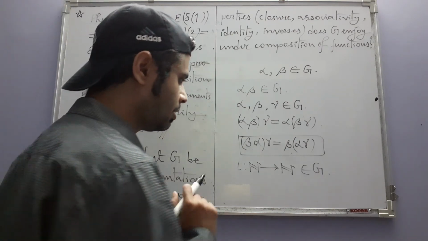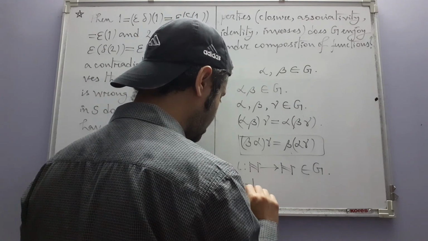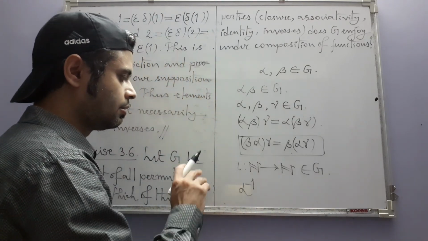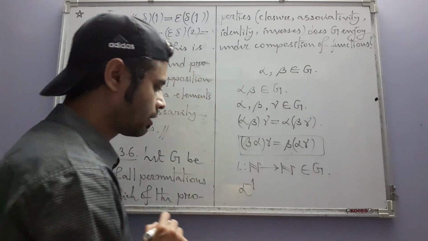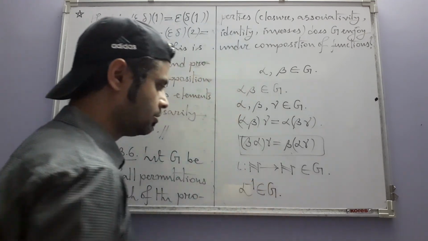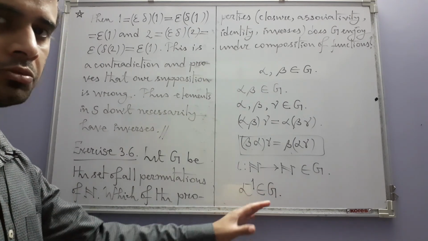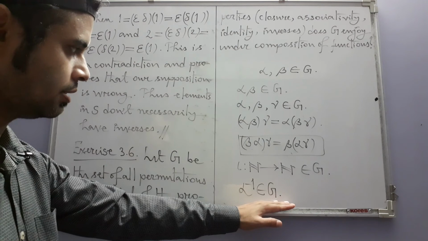That means, for example, here alpha is an element in G, then alpha inverse, which denotes the inverse function of the function alpha, is again a bijection on N, so it belongs to G. So yes, again we now have all the four properties being enjoyed by G.